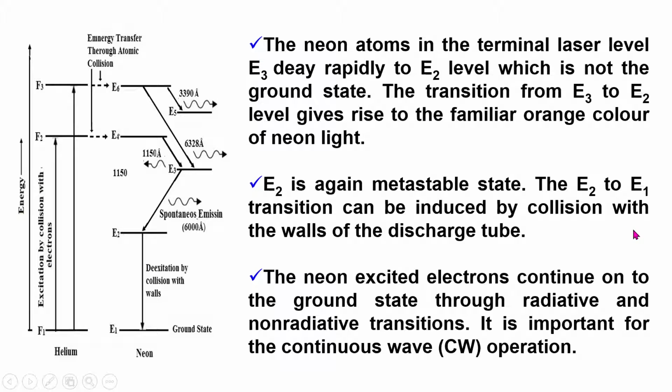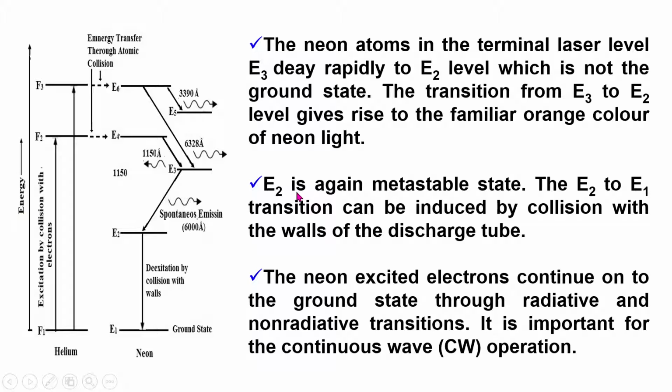Now the neon atoms in the terminal laser level, that is here E3, act as the terminal level, and in these neon atoms the terminal laser level E3 decays very rapidly to E2. But here E2 is not a ground state, and the transition from E3 to E2 gives rise to the familiar orange color of the neon light.